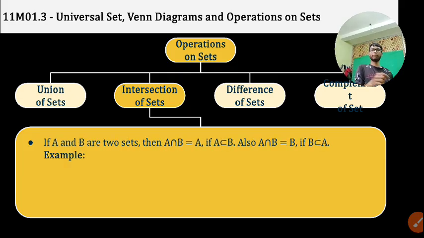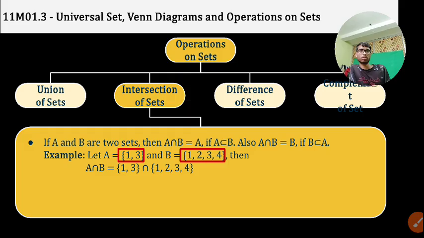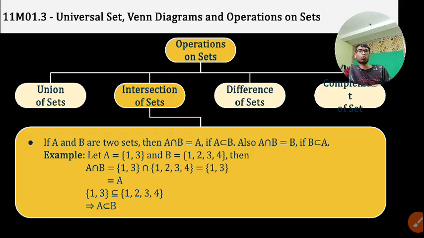If A and B are two sets, then A intersection B is equal to A if A is a subset of B. Also A intersection B is equal to B if B is a subset of A. What is happening here?